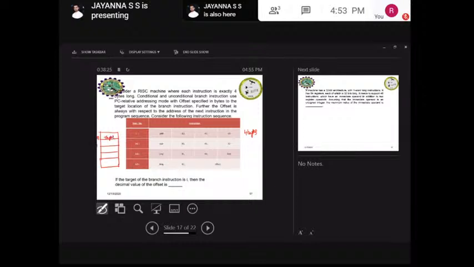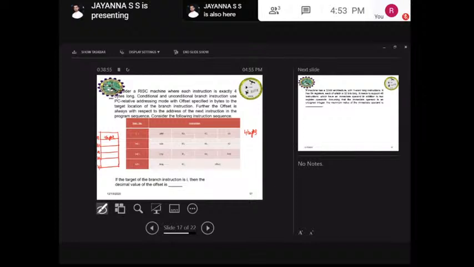So the next instruction is I plus 4. The next instruction also takes 4 bytes. The next instruction is I plus 8. The fourth instruction is I plus 12. Then the next instruction is I plus 16.